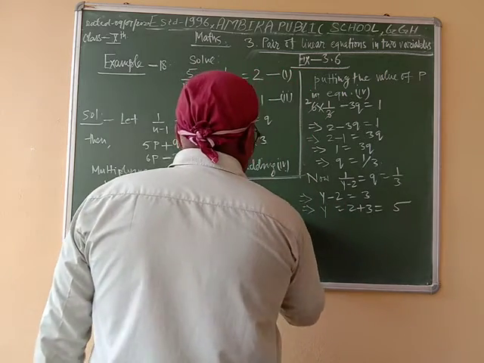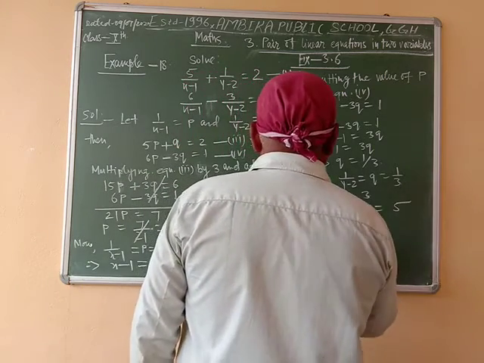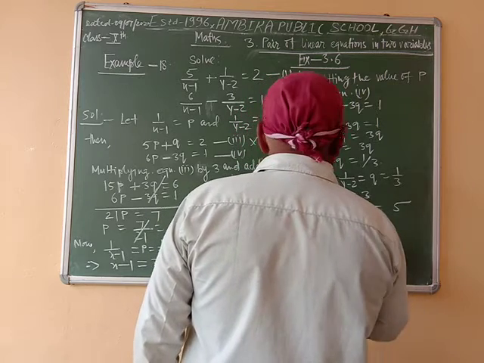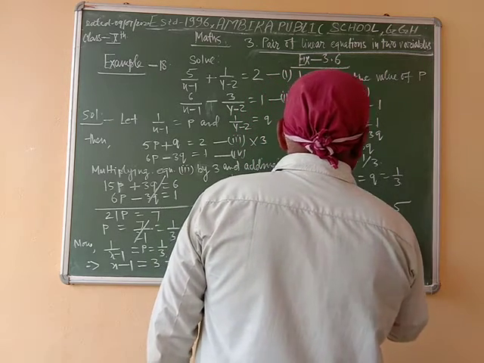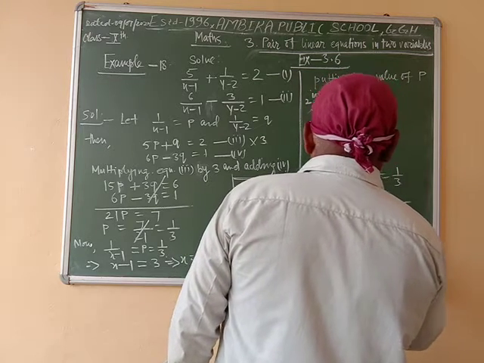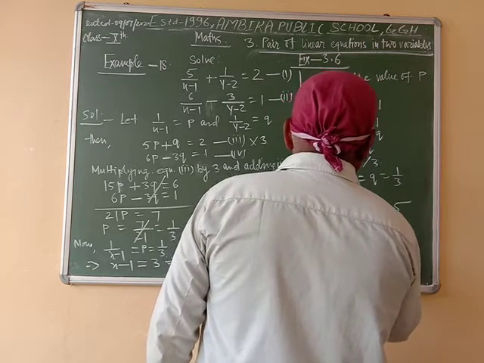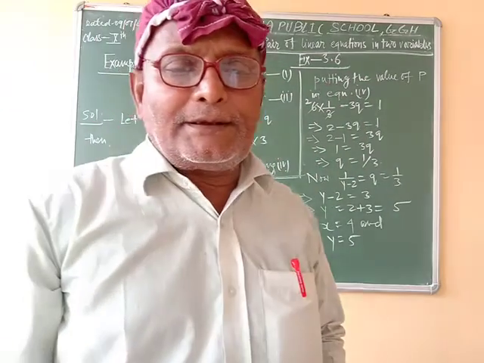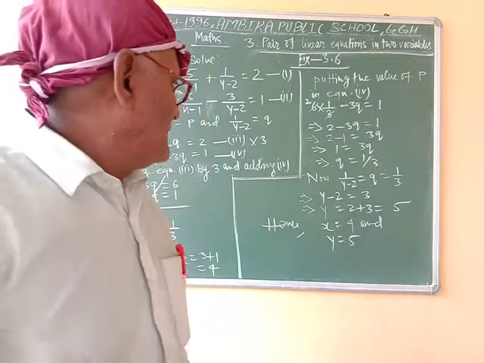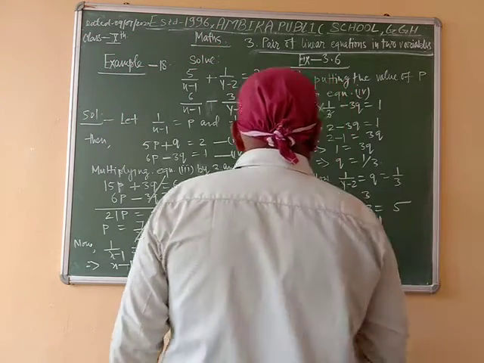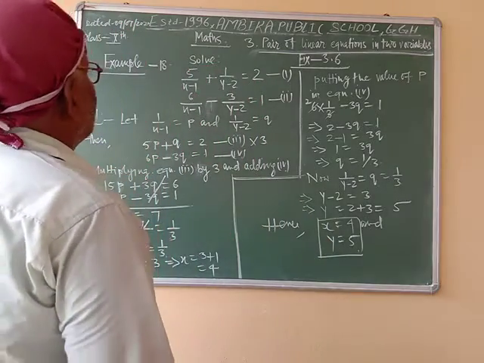Hence x is equal to 4 and y is equal to 5. So the solution of the equation is x is equal to 4 and y is equal to 5.